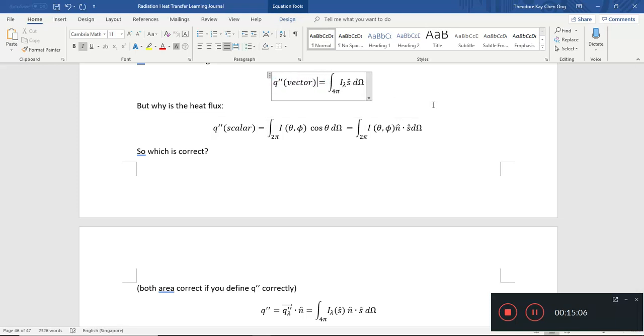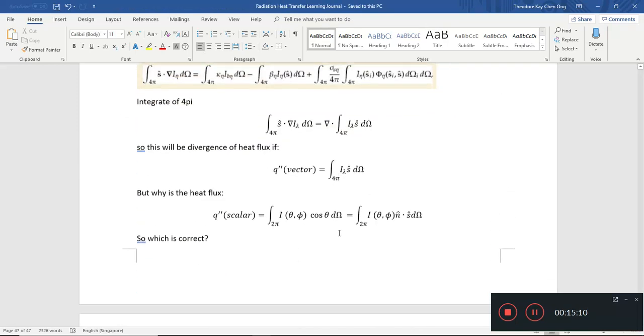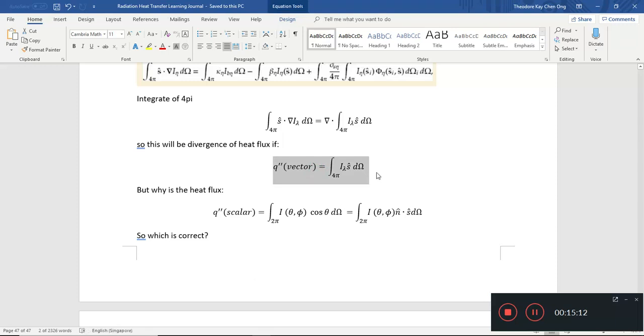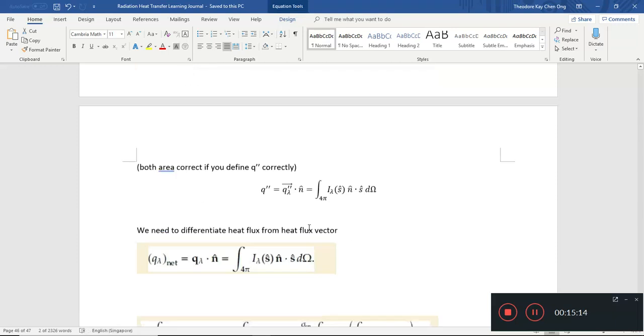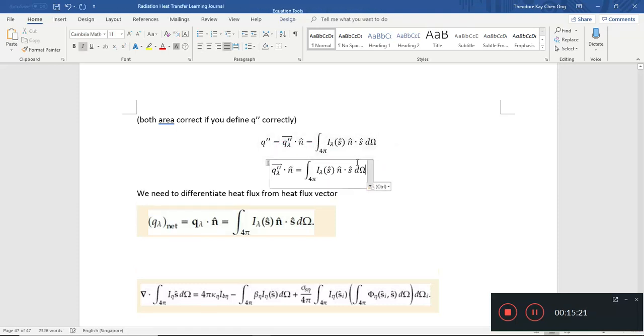How do we get expressions for the vector version? So remember, we are trying to find the heat flux vector so we can do a proper divergence on it. Okay, so how do we get the vector version? We have to compare these two, and basically what we do is to bring this little n dot out.